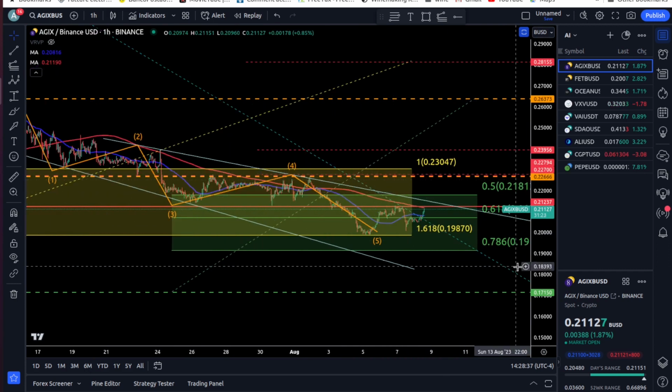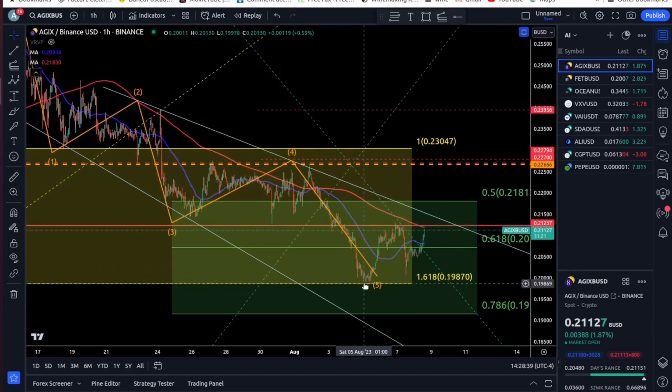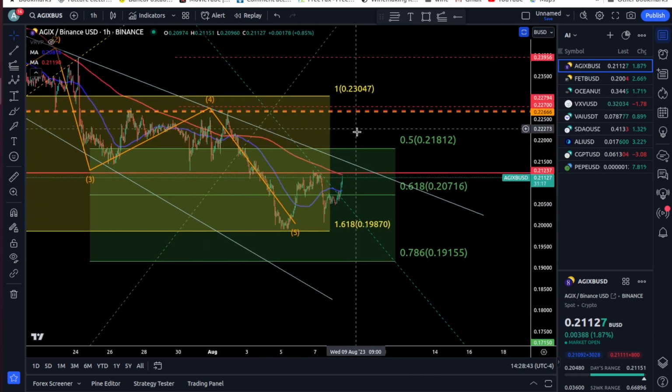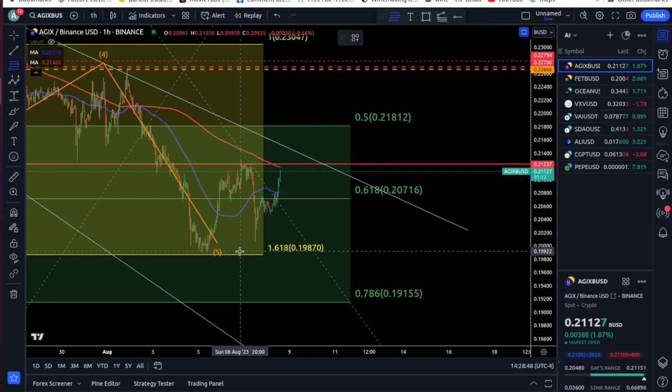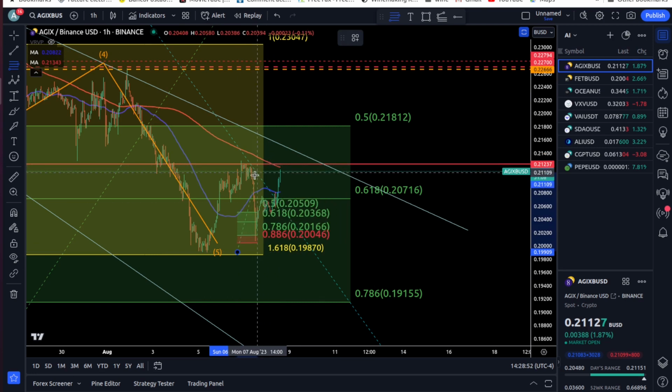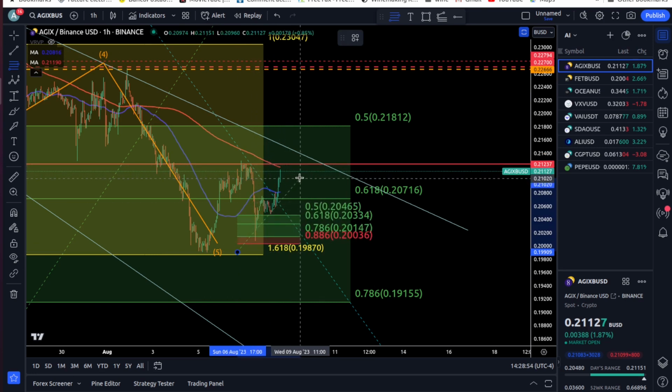we can see that maybe this was already our wave 1 and this is a wave 2. Let's go and check it out. So take Fibonacci retracement, beginning of wave 1, and now it's debatable.